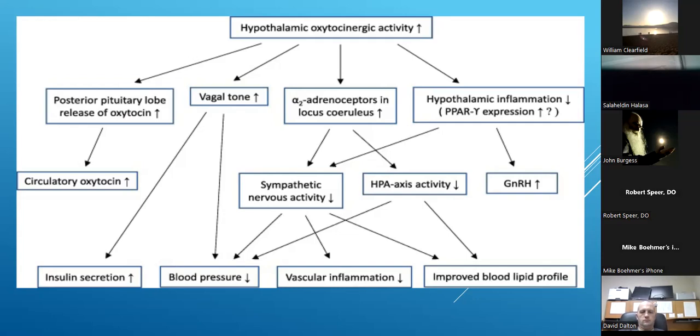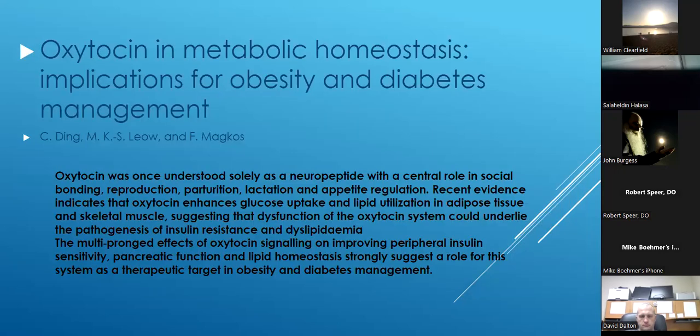Oxytocin does help to increase the sex hormones, it does help to increase the growth hormones, and it does help to decrease the cortisol. So all of this would definitely help in managing a lot of conditions, including atherosclerosis, blood pressure, diabetes, hypertension, obesity, right? Because of the mechanism of oxytocin here.